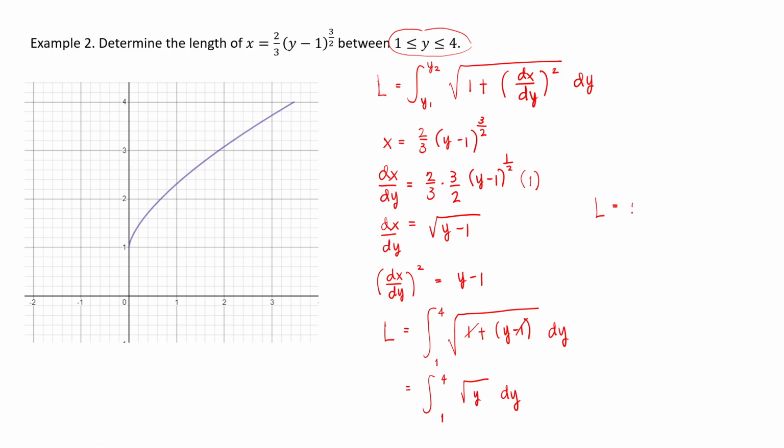So this will be 14 over 3 units, or approximately equal to 4.67 units.